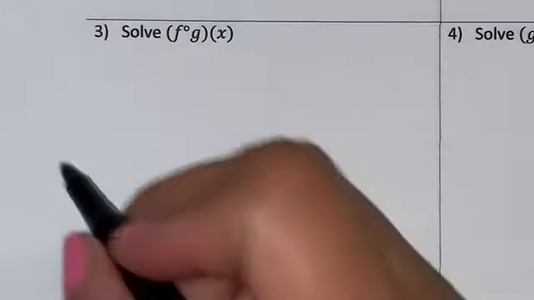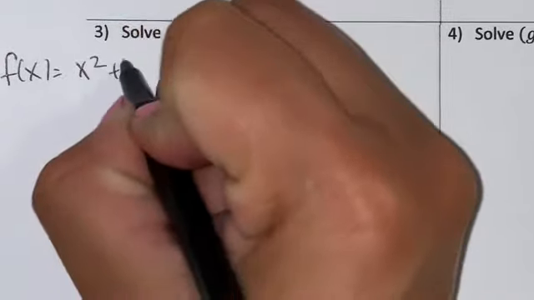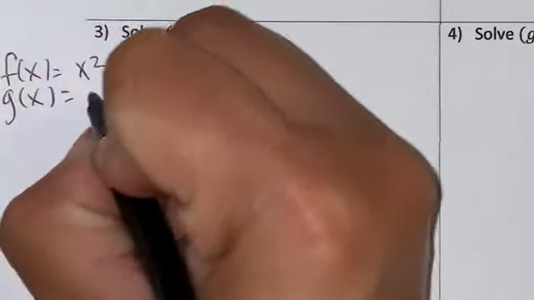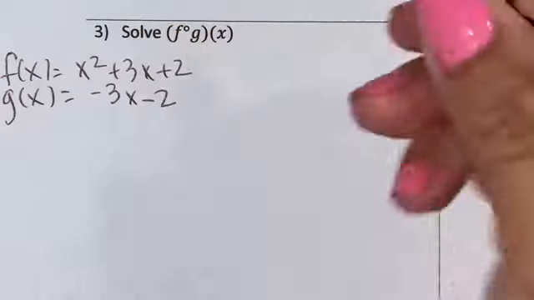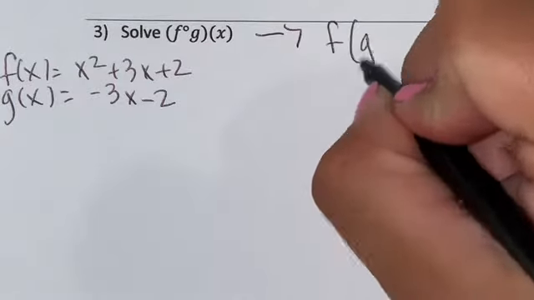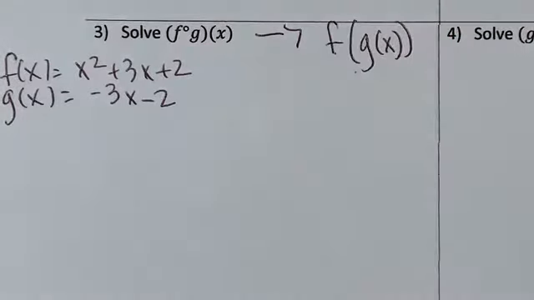Number 3 is going to be f of g of x. F of x equals x squared plus 3x plus 2. G of x is going to be negative 3x minus 2. This notation also means that you have g of x embedded, or becomes the input of x.